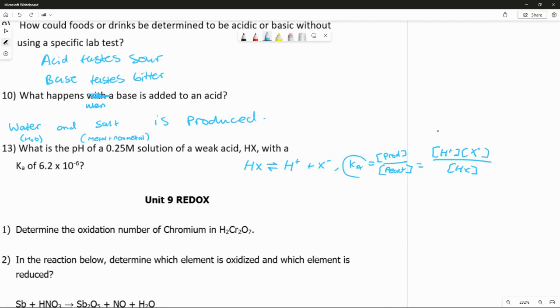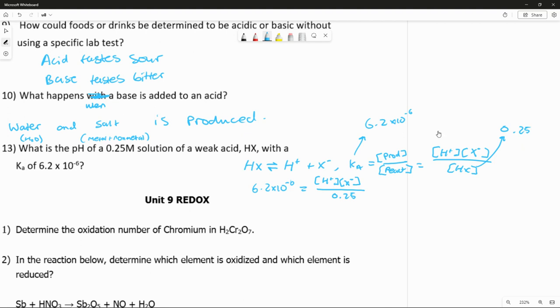We also know Ka, which is 6.2 times 10 to the negative 6. So 6.2 times 10 to the negative 6 equals the concentration of H plus and X minus over 0.25.